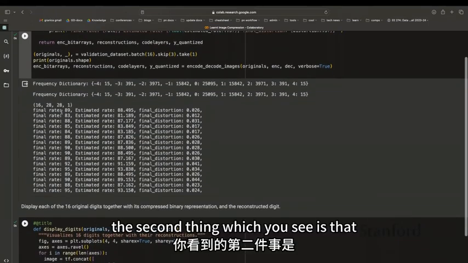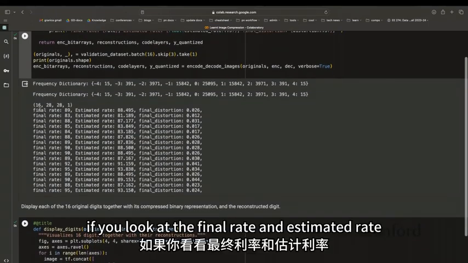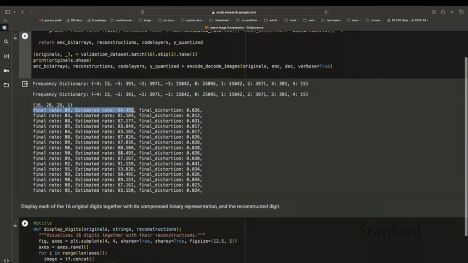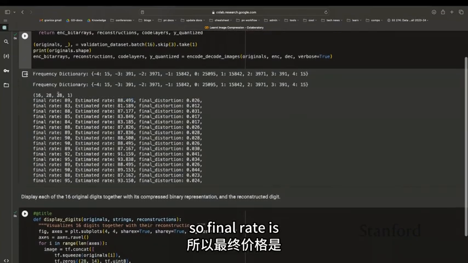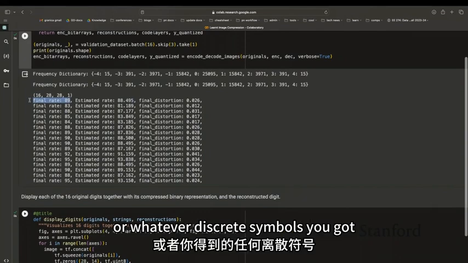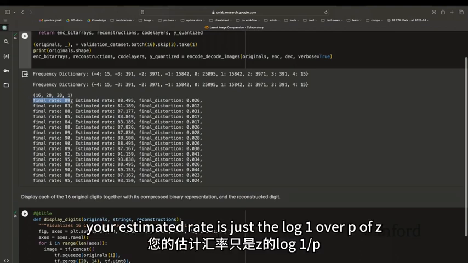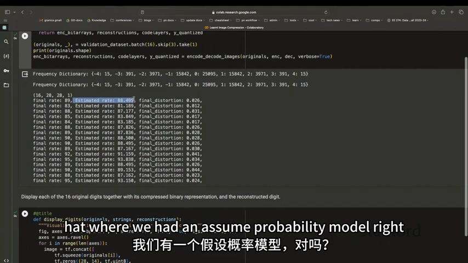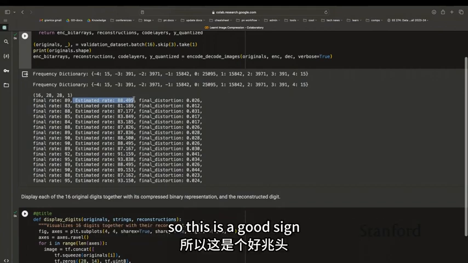The second thing which you see is that if you look at the final rate and estimated rate, they are very close. So final rate is when you actually apply an entropy encoder on whatever discrete symbols you got. Your estimated rate is just the log 1 over P of Z hat, where we had an assumed probability model, right? So this is a good sign.